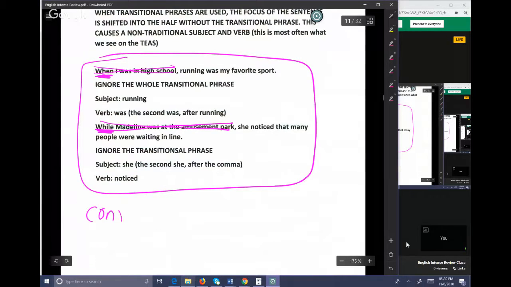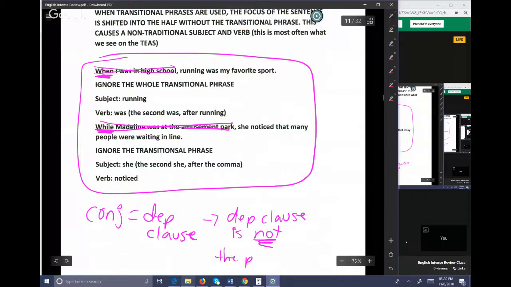A conjunction causes a dependent clause. So the presence of the conjunction equals the presence of a dependent clause. A dependent clause is not the point of the sentence.